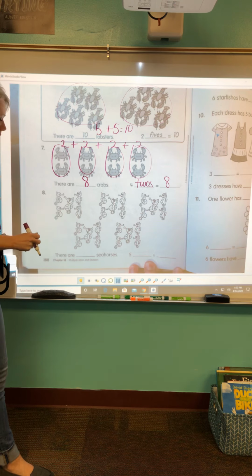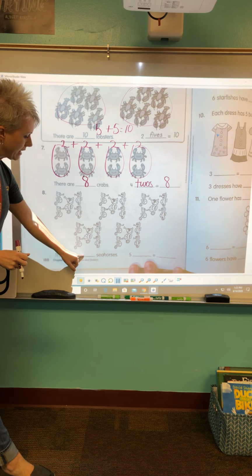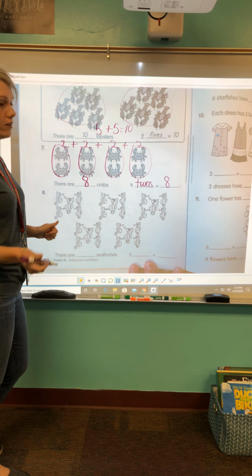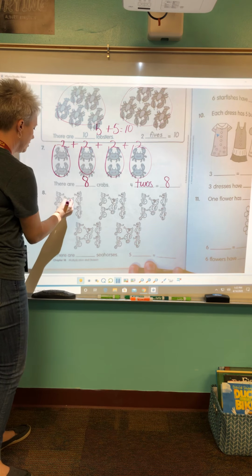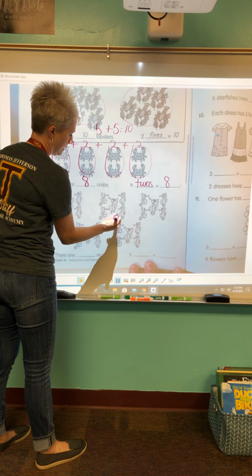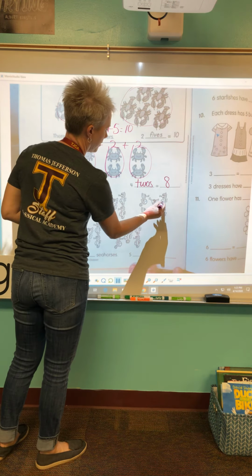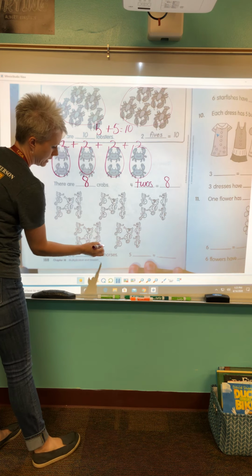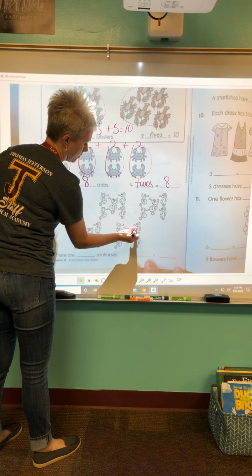All right, let's do this one all together. There are blank seahorses. How many seahorses do we have all together? So let's count them. 1, 2, 3, 4, 5, 6, 7, 8, 9, 10, 11, 12, 13, 14, 15, 16, 17, 18, 19, 20, 21, 22, 23, 24, 25.